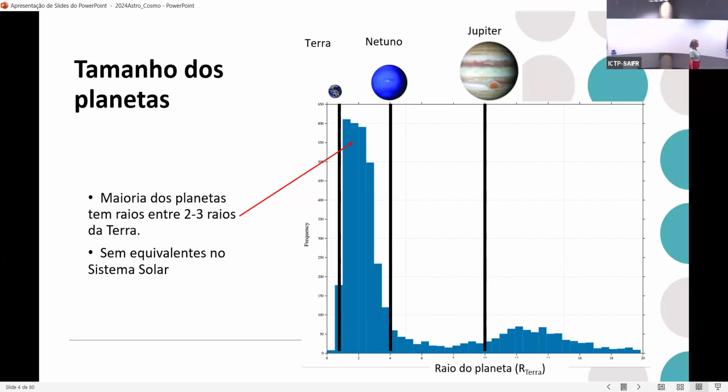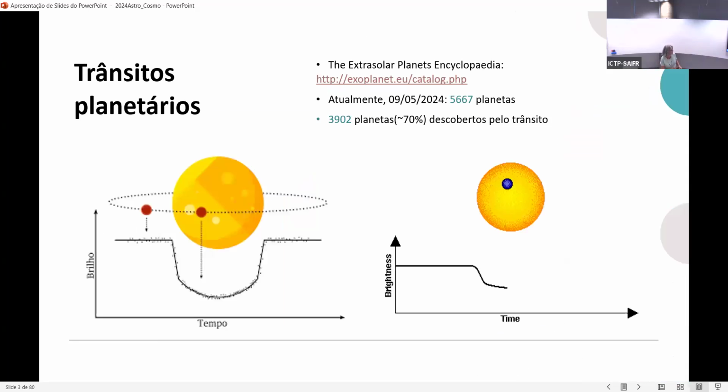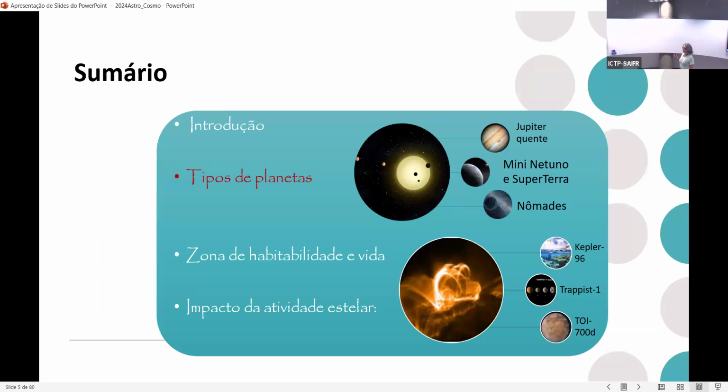Nevertheless, we discovered that there is this huge population of planets that we know nothing about. What I didn't say in the previous slide is that the depth of the transit is proportional to the ratio of the area of the planet to the area of the star. So if we know the stellar radius, we will know the planet radius.